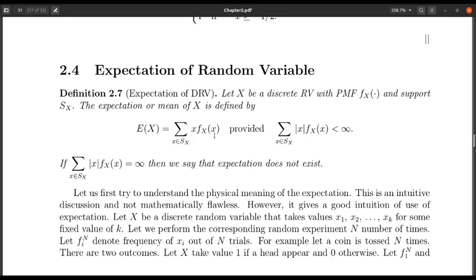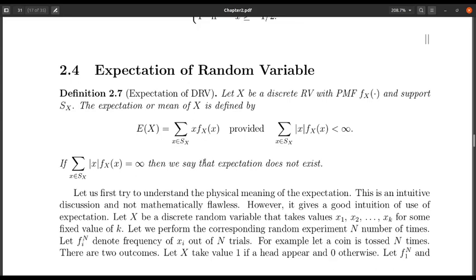And obviously, as I already pointed out, when the support is finite, we do not need to check whether this is finite or not, because it has to be finite. But when the support is infinite, meaning countably infinite, we need to check if this condition is true or not. And when this condition is not true, that means this summation equals infinity, then we say that the expectation does not exist, or sometimes we say that the expectation is infinite.